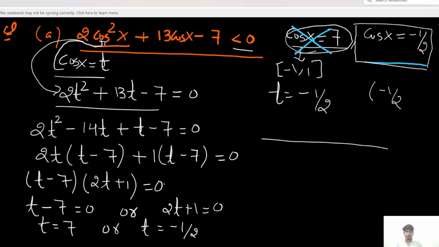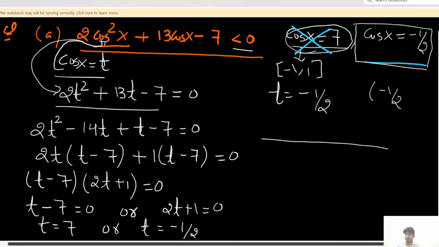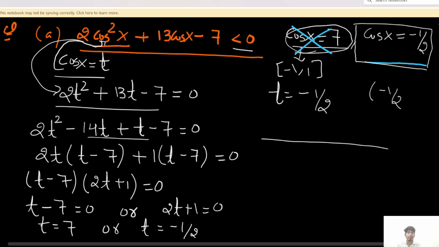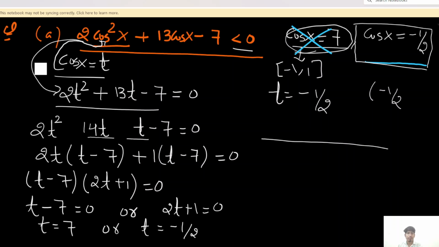One minute students, here is some mistake. Here is plus, but when we solve minus 14 plus t, it is minus 13. Thus this becomes wrong. I corrected this and this.